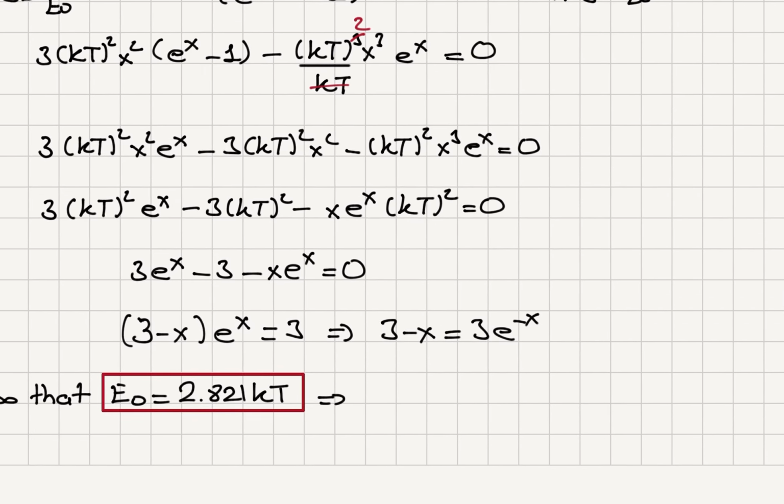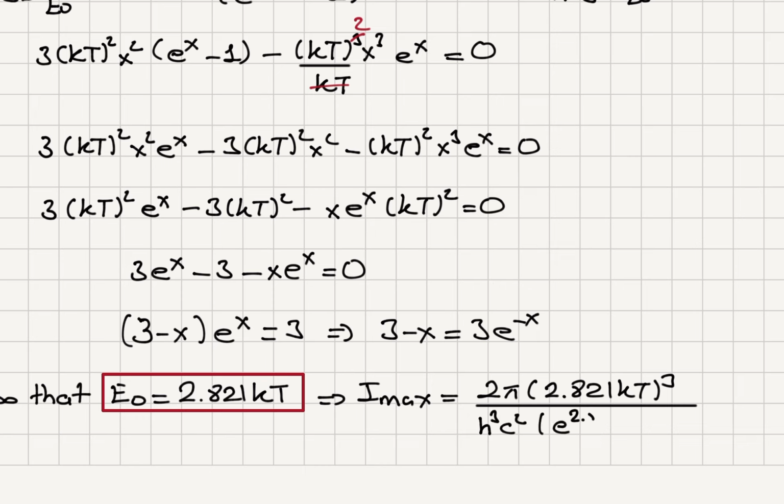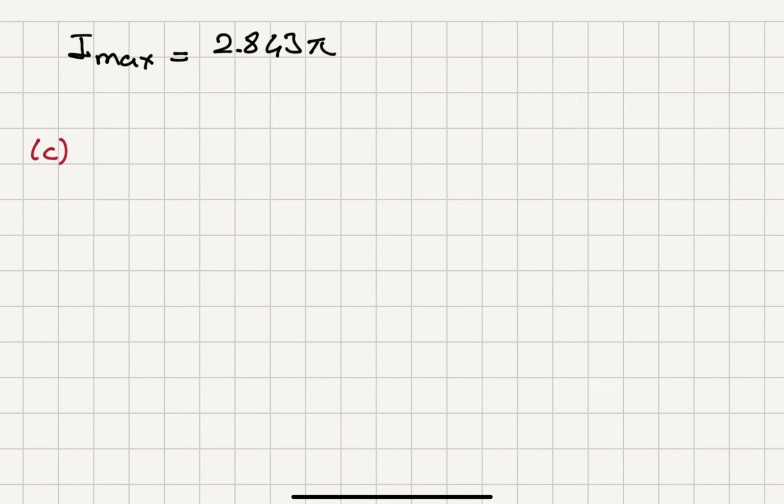And what's the corresponding maximum intensity? It is the 2 pi energy cubed, so it is 2 pi times 2.821 kT cubed, divided by h cubed c squared times exponential 2.821 minus 1, and that finally gives us, for the maximum intensity, I max is equal to 2.843 pi kT cubed divided by h cubed c squared.